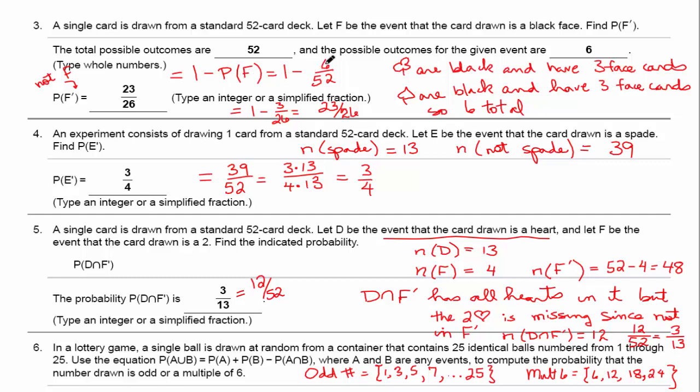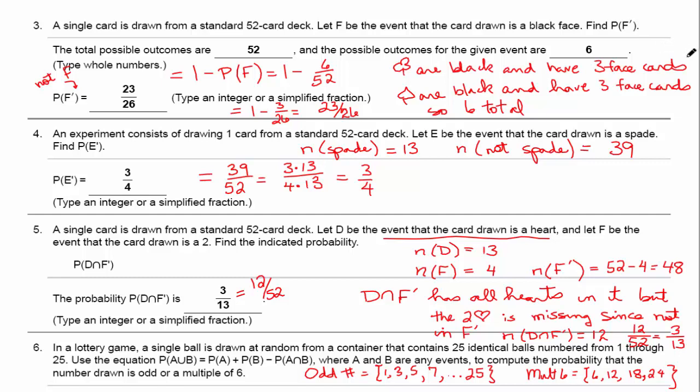We knew that was 6 out of 52, and so 1 minus 6 over 52 is the same as 1 minus 3 over 26, which is 23 out of 26. So really the easiest way is to figure out what you need, then take the complement, which is simply 1 minus that.